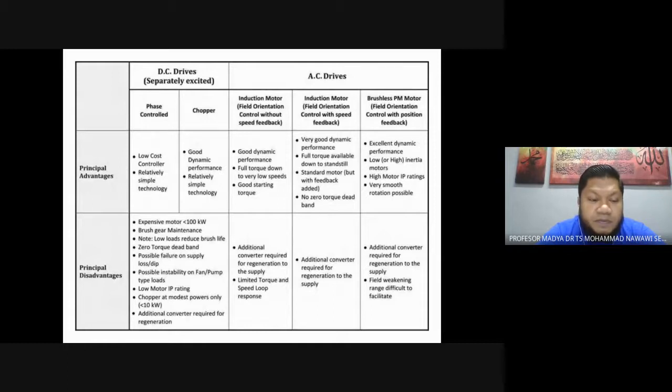So the principal advantages: this is actually the following slide on the advantage and disadvantage of both. Okay, low cost controller, relatively simple technology, good dynamic performance, and in terms of motor, there is a disadvantage, whereby it is an expensive motor.